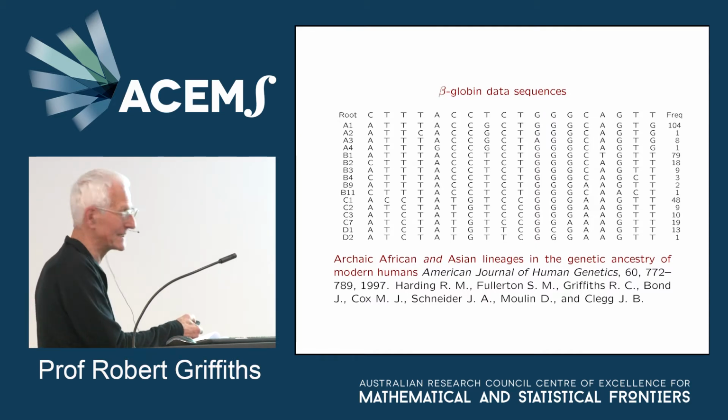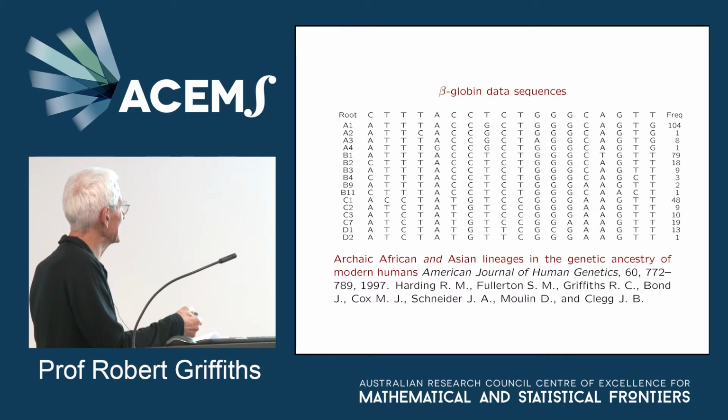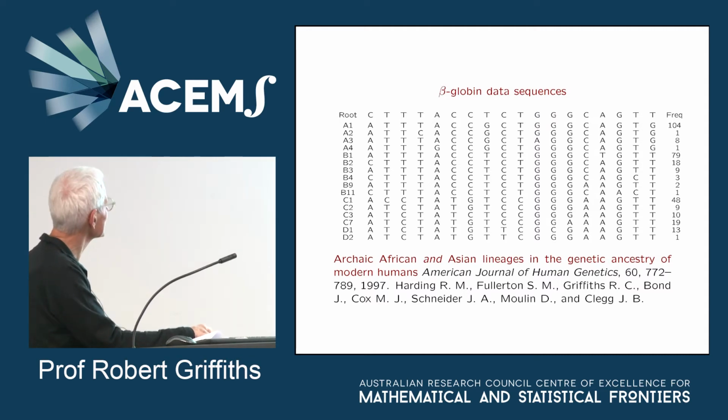So this is just labelling what the different types are here. The frequency in the sample of A1 was 104. Then there's 1 of this kind, there's 8 of this kind, and so on. It takes a bit of looking to understand this.